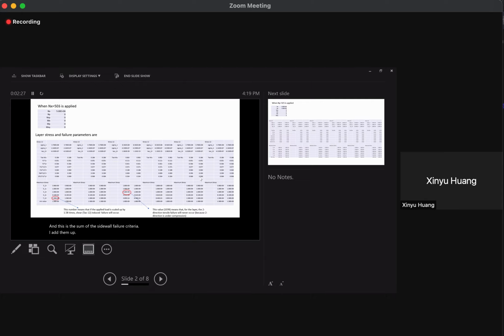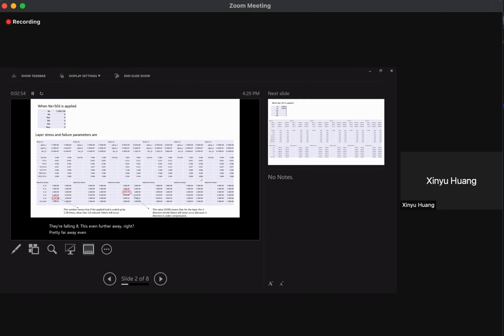Now, when this number equals 1, that means you're at the threshold, right? So I just look at this number. I can tell which ply is closer to failure. So at this state, that's pretty far away, right? 0.18, 0.18. This is even further away, right?